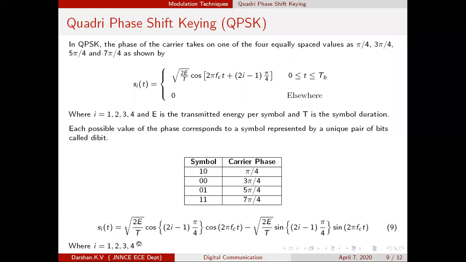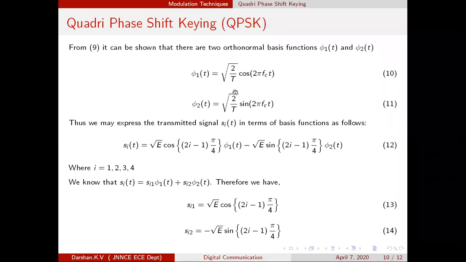Basis functions are always the same for any signals. So root of 2 by T into cos 2 pi fct is one basis, and the other basis is root of 2 by T into sin 2 pi fct. That would be the second basis. So we can understand like this.